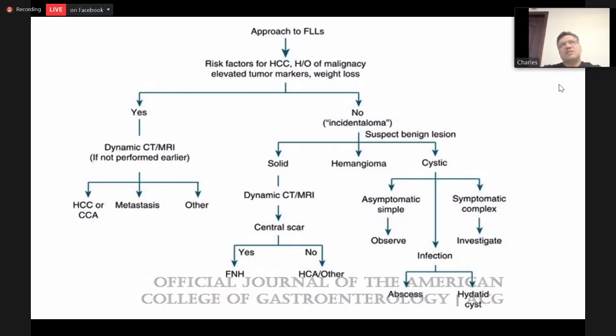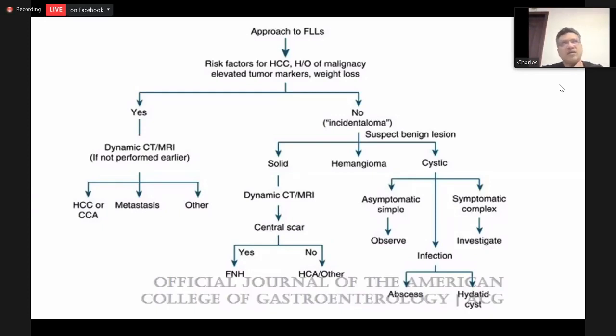So that increases the yield of PET in hepatocellular carcinoma, because in hepatocellular carcinoma the FDG uptake is usually seen in less than 50%. And whenever you use two tracers, then the yield is higher, about 80 to 90%. And patients who are positive for FDG PET are likely to have very aggressive hepatocellular carcinomas and likely to recur after transplant.